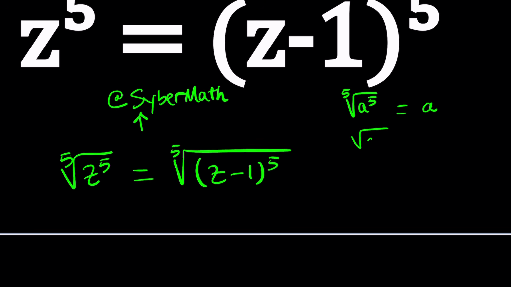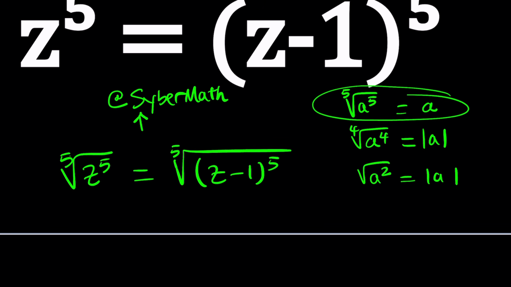In the case of even powers like 4 or 2, you don't just say that this is equal to a, because the absolute value needs to be involved, which means if a is positive, then this is a. If a is negative, this is negative a. But in the case of odd powers like the fifth power, you don't need to do that. So if the numbers are both positive, then their fifth roots are positive. Of course, again, we're talking about the real world.